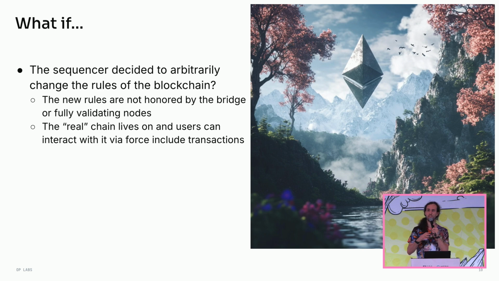The sequencer does not have the unilateral ability to just arbitrarily change the rules and push them on their users. The old chain will still live on, and the bridge will still allow users to withdraw from the old chain. It will not follow the new chain.